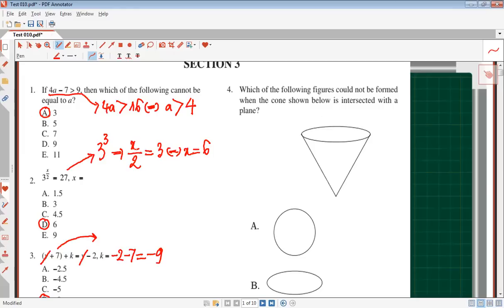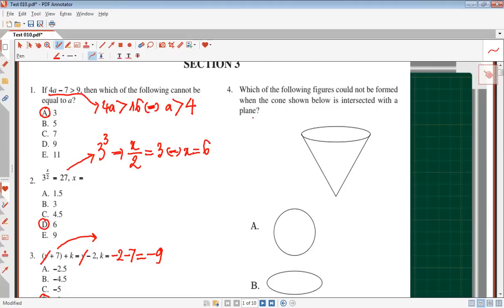Question number 4 is rather difficult. Which of the following figures could not be formed when the cone shown below is intersected with a plane?